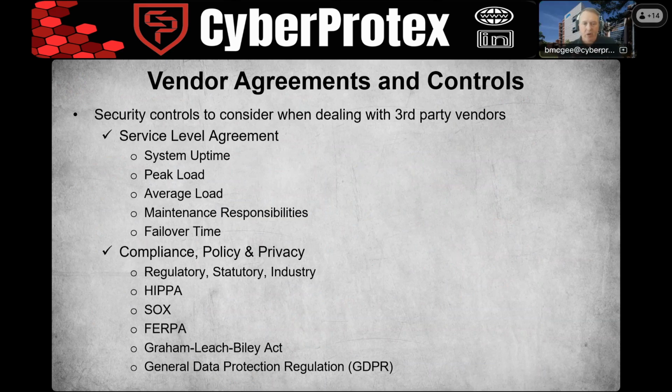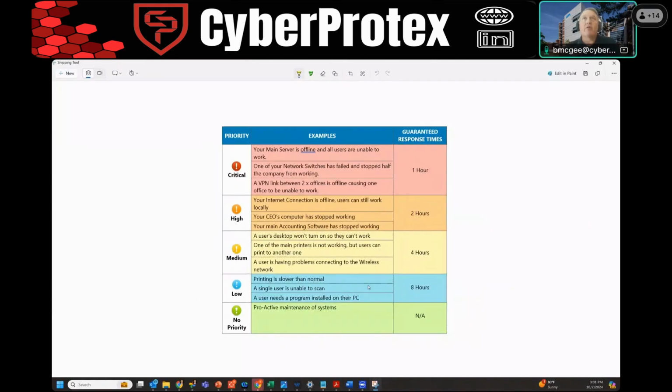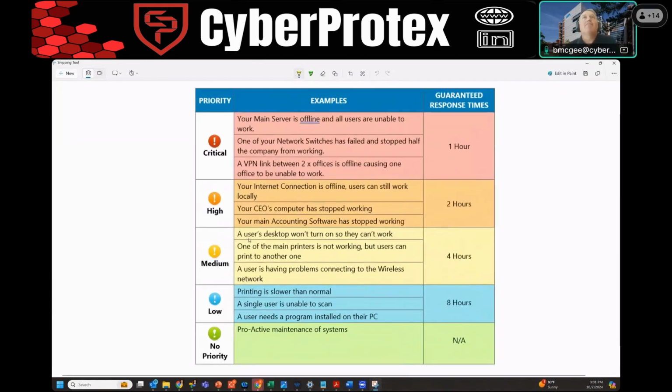So this is usually what our service level agreement looks like. Anybody that we're managing security for, we have an SLA, and we'll review this entire document with the customer. Usually it's the priority.